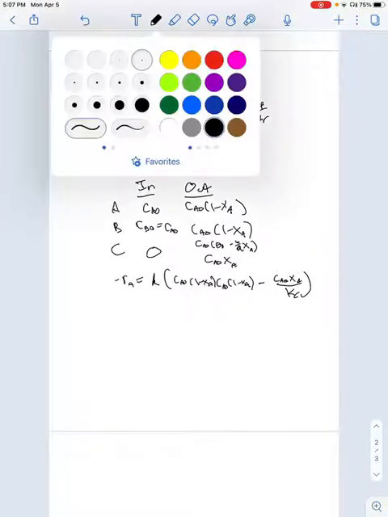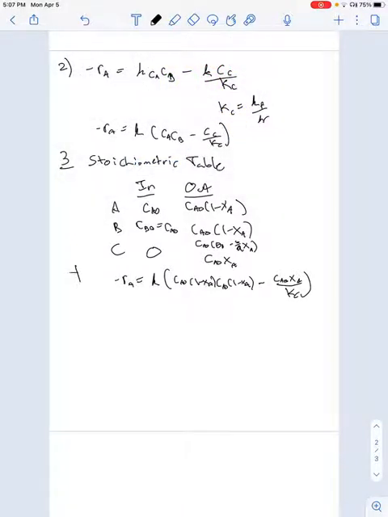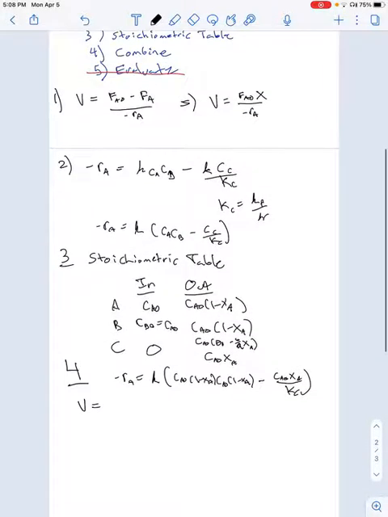I guess I should have said this is starting step 4, combining. So we combined it in our rate equation, so now we can plug our rate equation into our design equation. Remember our design equation was V equals FA0 X over negative rA.